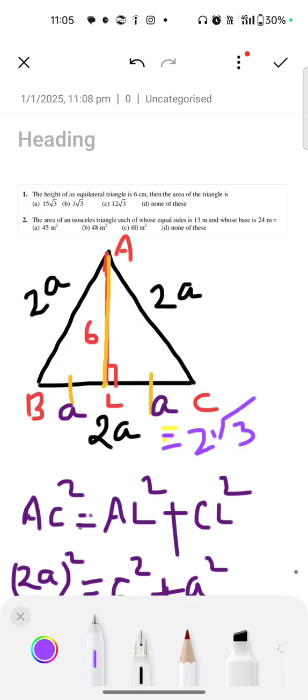Now it is very easy to apply the area of triangle formula. This is half base into height. BC is the base and AL is the height.